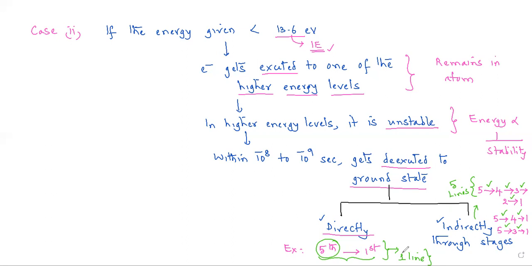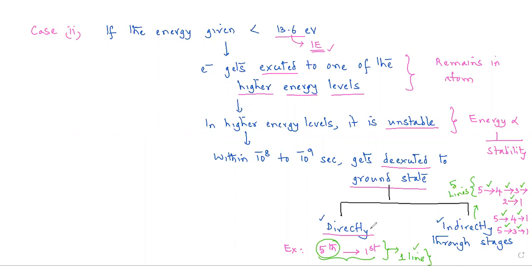Now every line corresponds to a radiation. Of course, when it goes down from the fifth orbit to the first orbit, energy is emitted, and that belongs to a particular wavelength. When that radiation belongs to a particular wavelength, it will surely belong to one of the regions of the electromagnetic radiation.